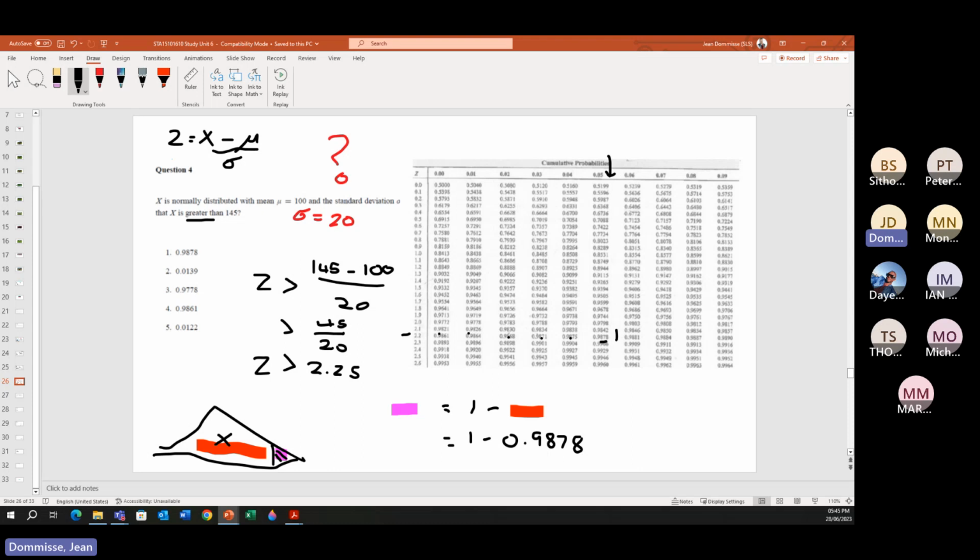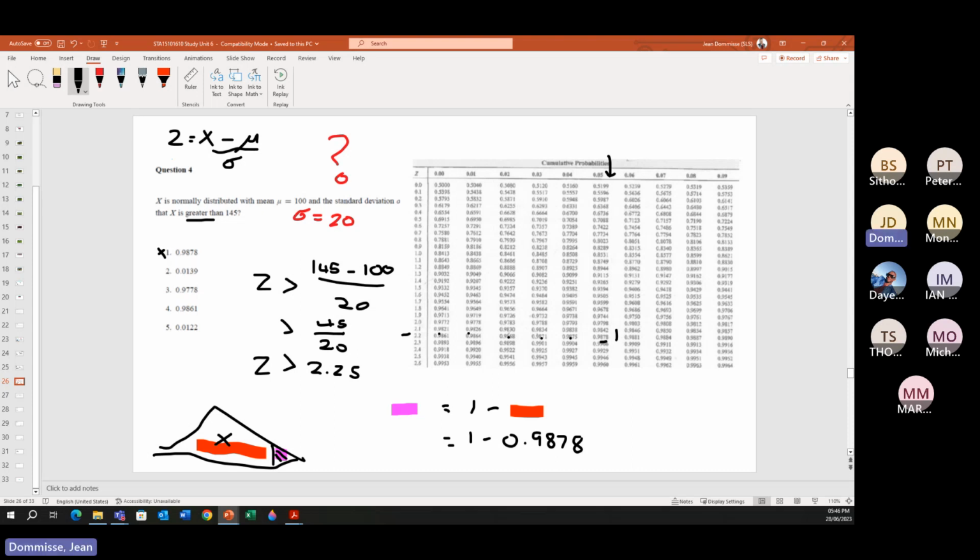Just be very careful. Again, exam time, also when you do it in your assignment, pressed for time, you see, well, cool, I got 0.9878, first option, mark it, you go off, you think you're correct. But remember, it's actually 1 minus that which will be the correct one.